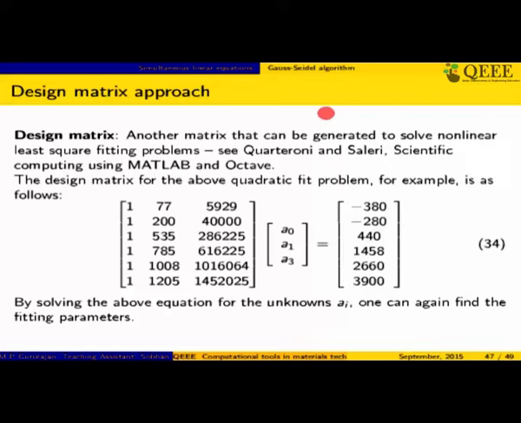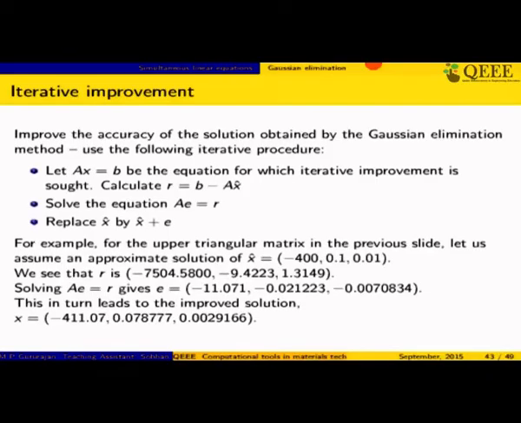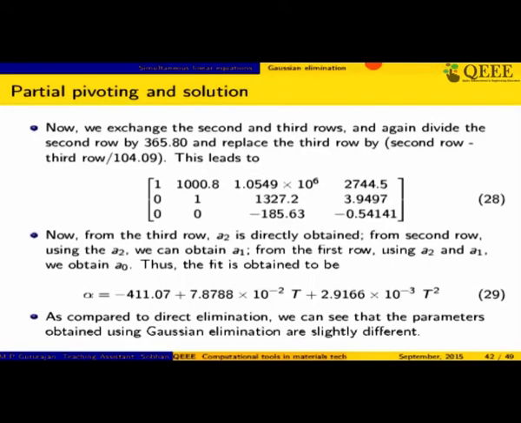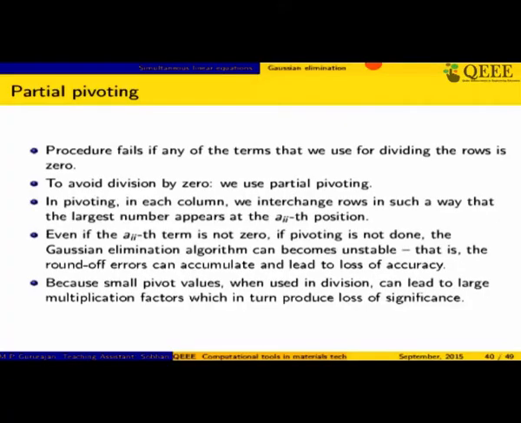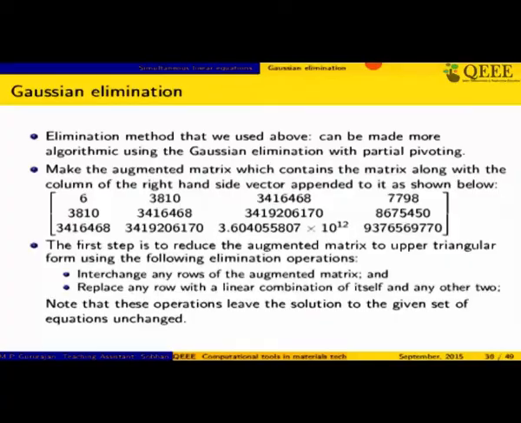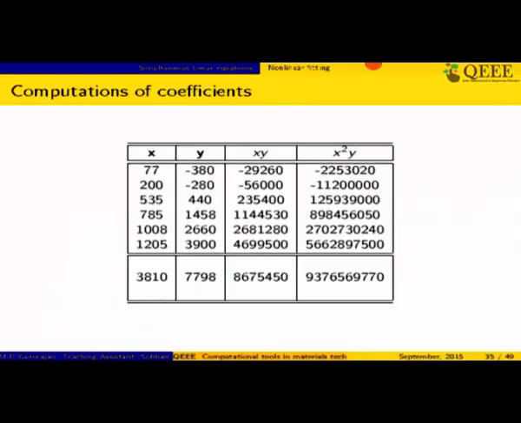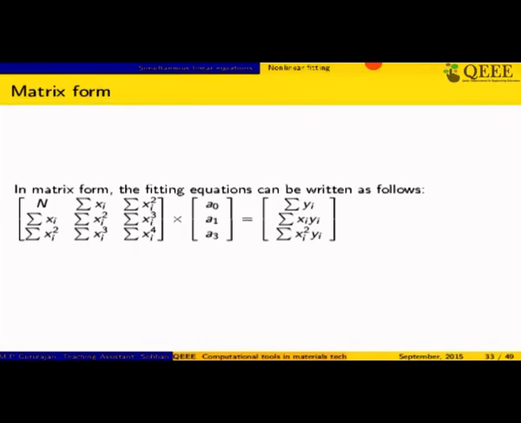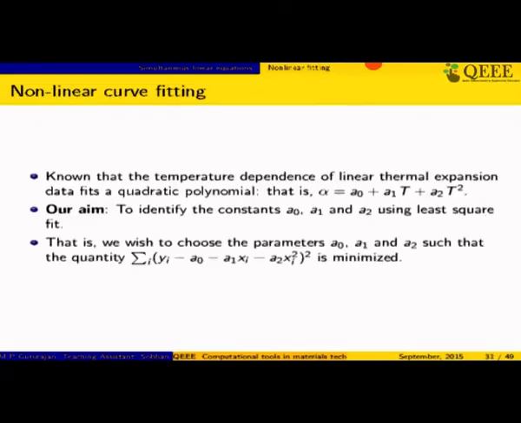So we will use the same example, the same data. We said that this is, in boron nitride, the thermal expansion coefficient as a function of temperature, and we said that it obeys the expression A0 plus A1 T plus A2 T squared.